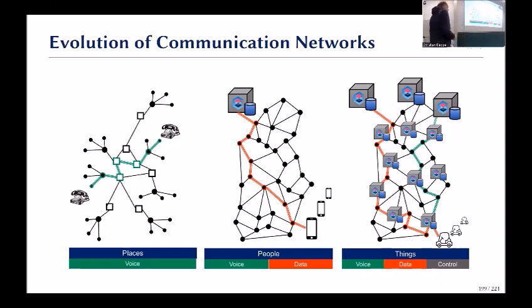The third step is the future step, where we want to look at the Internet of Things. So we have voice, we have data, and we also have some control. We want to control cars with the net. Everything, that's also one goal in 6G. Every network should be included, not only the mobile network.